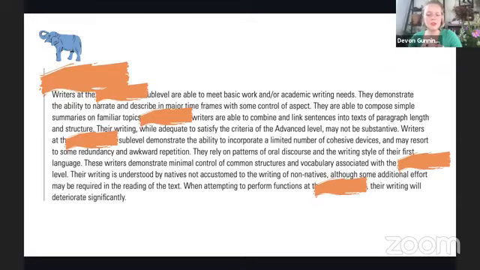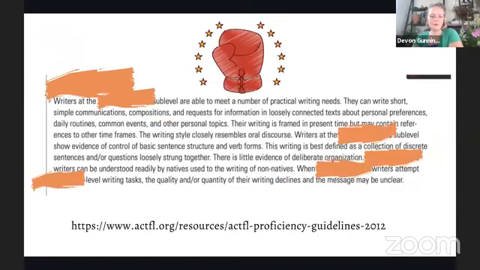And when attempting to perform functions at blank, their writing will deteriorate significantly. So put in the comments below which one you think this one is, elephant. Let's go on to the next one.